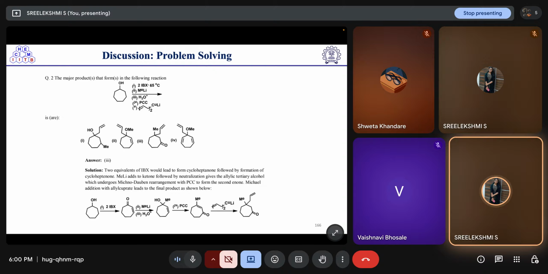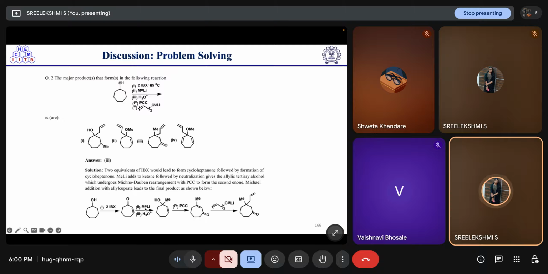Okay, I will show. So this is happening as we have told earlier. IBX can be used to form cycloheptanone. So this alcohol will be oxidized into this ketone by the first equivalent of IBX. Then the second equivalent will convert that corresponding ketone into an alpha beta unsaturated ketone. So IBX can be used for the conversion of alcohols into ketones and further into alpha beta unsaturated ketones.